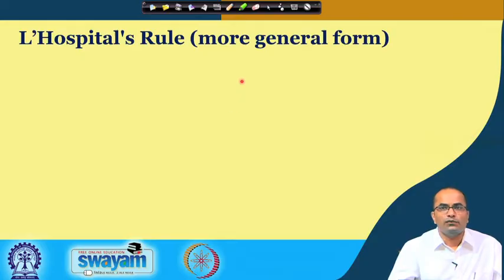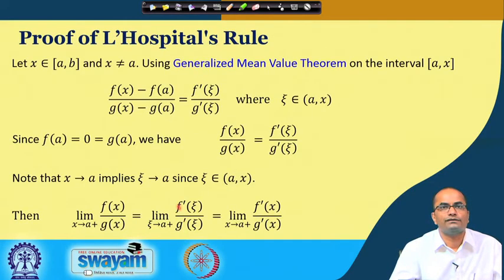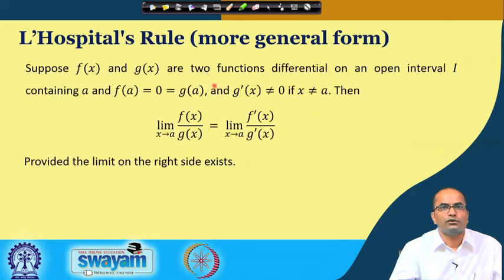There is a slightly more general form of this L'Hopital rule, because we note here that we have taken x to a from the right side, since we had taken the interval for the functions as a to b. So, this is a more general form.